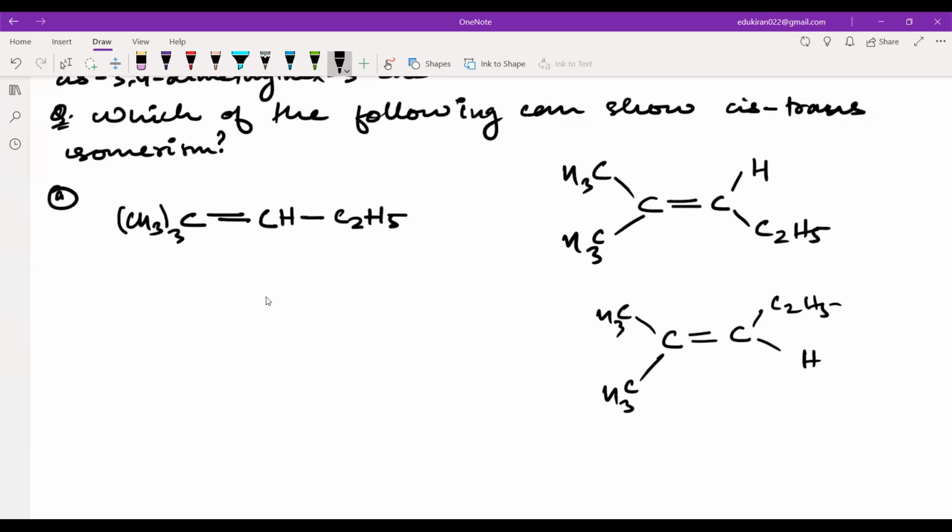I have just rotated this molecule, because one CH3 was adjacent to hydrogen and diagonally opposite to C2H5. And similarly here also there is one CH3 which is adjacent to hydrogen and diagonally opposite to C2H5. So essentially, we did not make any other molecule. These two molecules are the same only. That is why this cannot show geometrical isomerism.